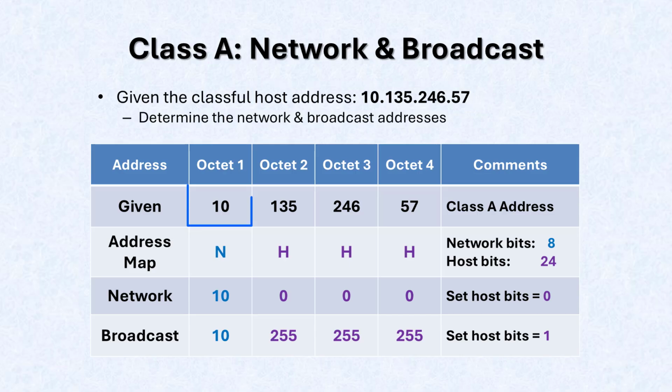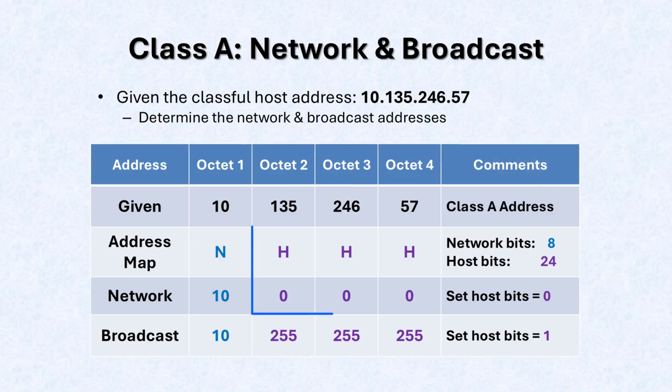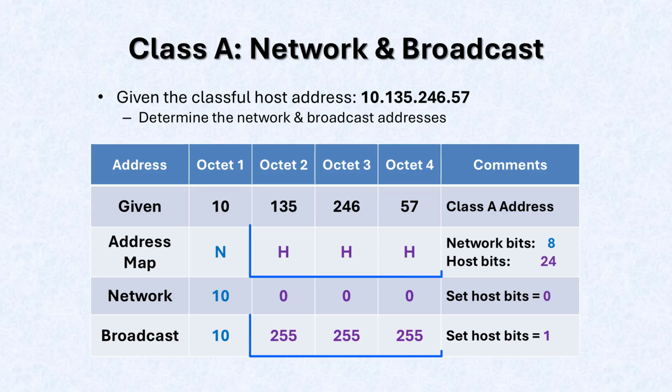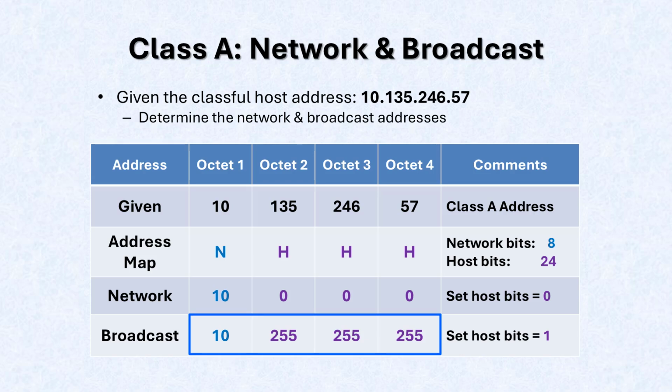Since the first octet is 10, it is a Class A address. To obtain the network address, set all host bits to 0. This gives 10.0.0.0. To obtain the broadcast address, set all host bits to 1. This gives 10.255.255.255.